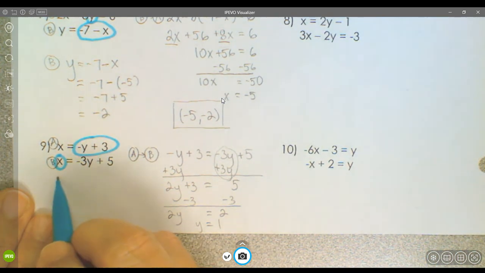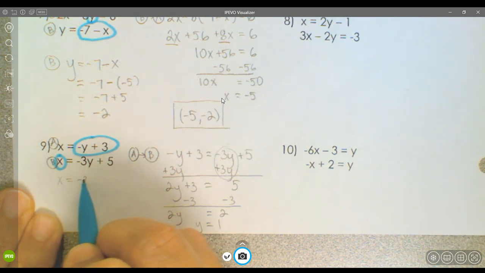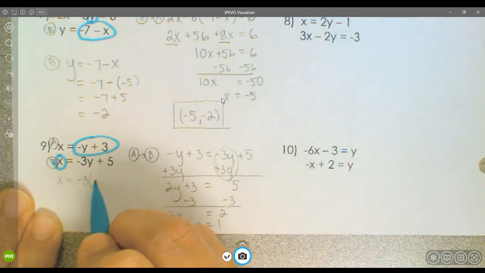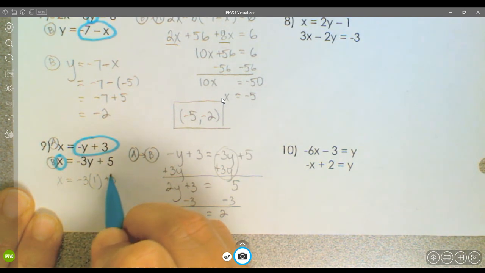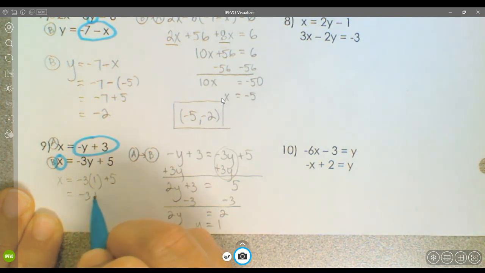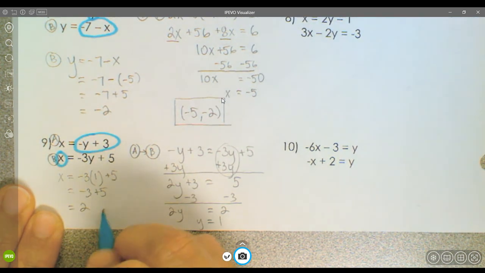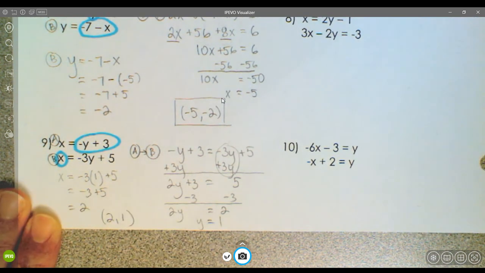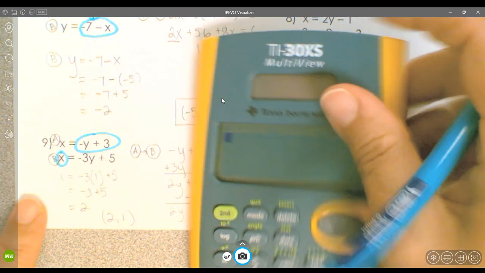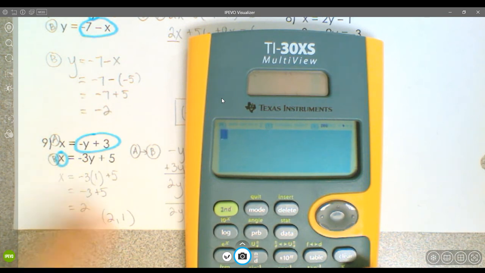And now I need to solve for x. So x equals negative 1 times y, or negative 1 times 1, plus 3. Negative 1 plus 3 is 2. So it looks like when x is 2, y is 1. Let's do the math to make sure. So x is 2.